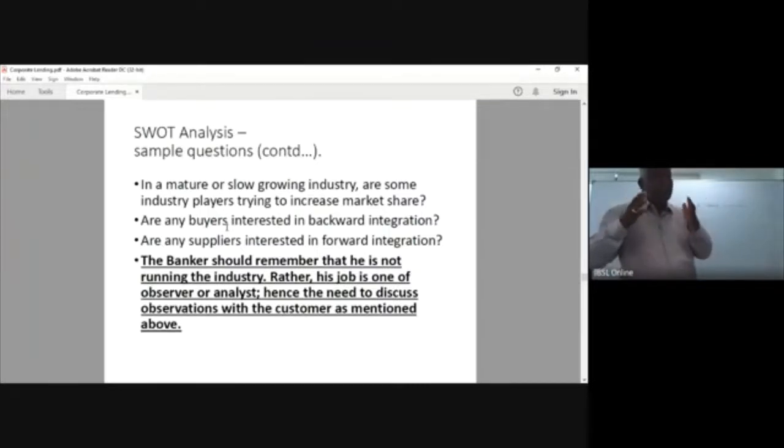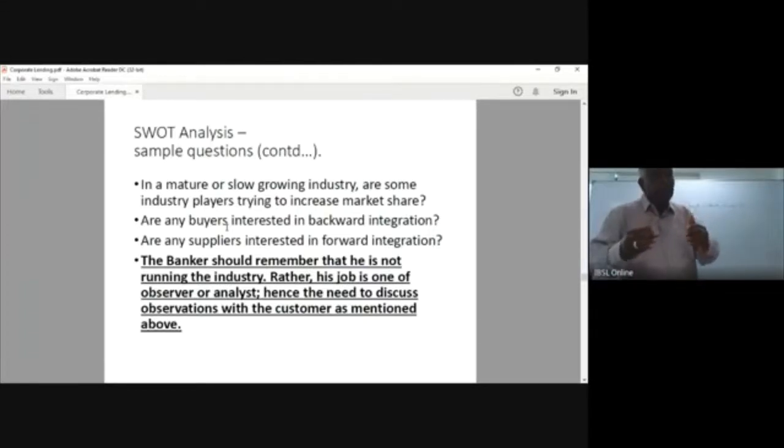Based on the customer, the industry, and the situation, you must ask suitable questions of the customer and judge and decide what their strengths, weaknesses, opportunities available, and threats they are facing are.